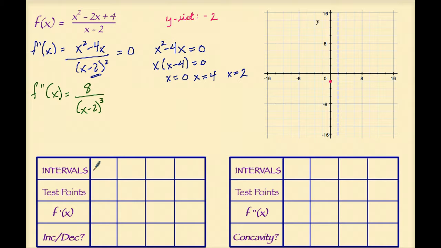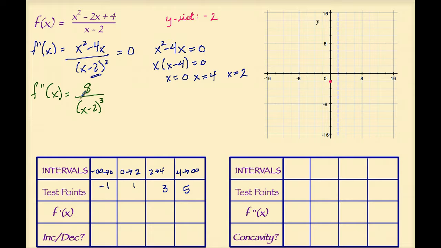Now let's set up test intervals based on these values. We'll go from negative infinity to 0, from 0 to 2, from 2 to 4, and also from 4 to positive infinity. I'll use negative 1, 1, 3, and 5 as test points in the first derivative.